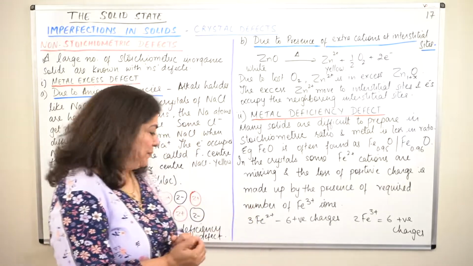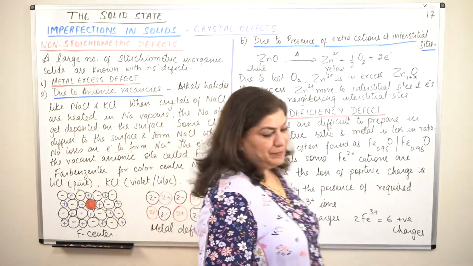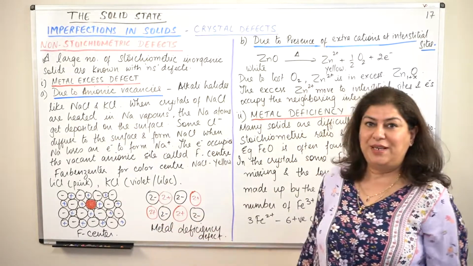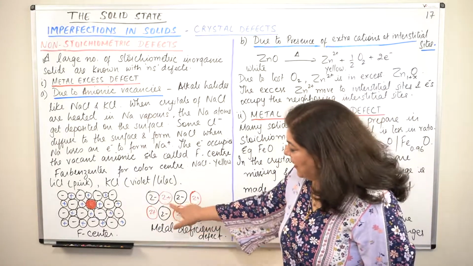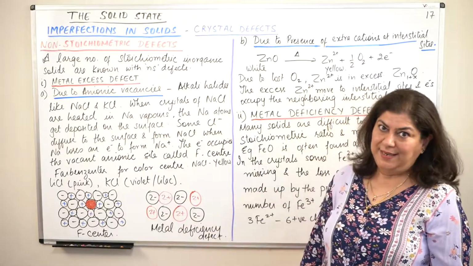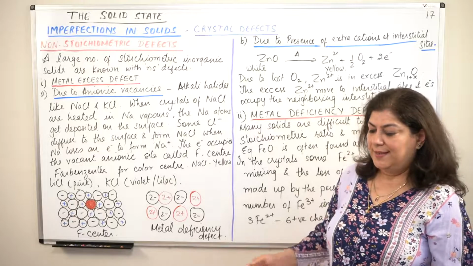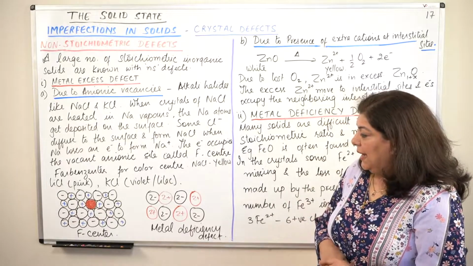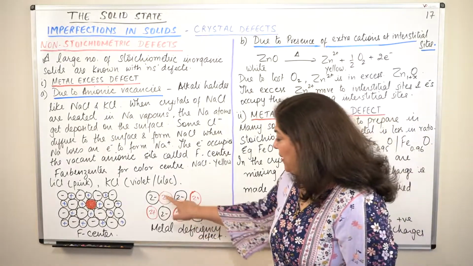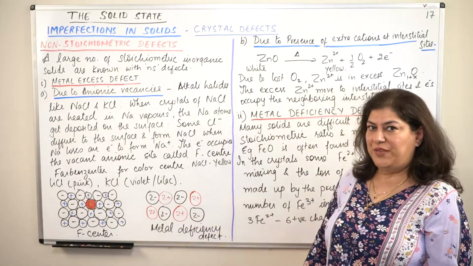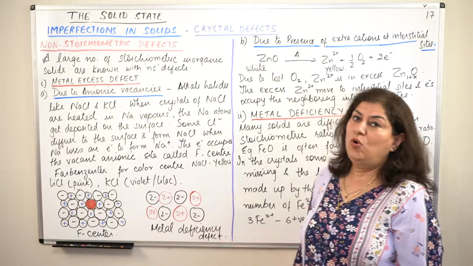It's very interesting. What happens, imagine this. I try to show the metal deficiency defect like this. The red colored 2+ is the cation, that is the ferrous ion. And the 2- are the oxides, that is O2-. Now, look here, there are 4 Fe2+ and 4 O2-.